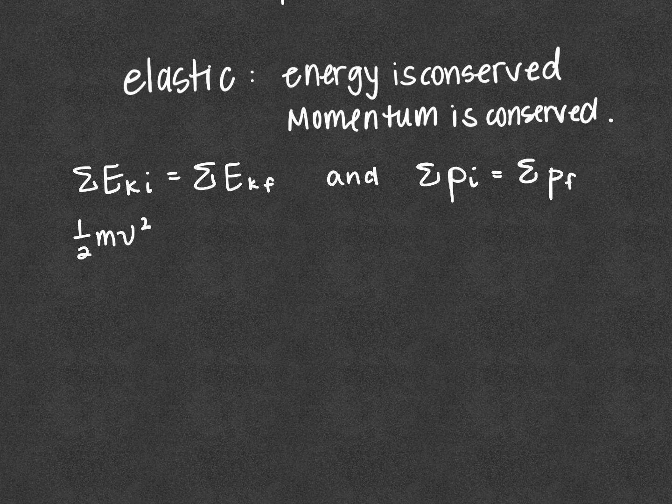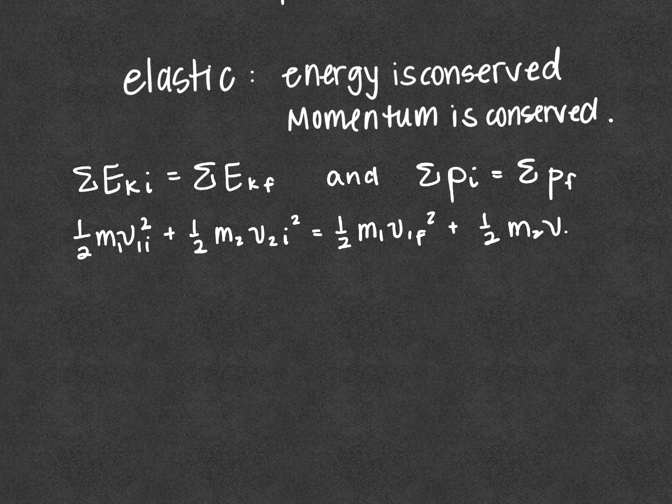Now, that can be a pretty long equation where you'd have 1/2 m1 v1 initial squared plus 1/2 m2 v2 initial squared is equal to 1/2 m1 v1 final squared plus 1/2 m2 v2 final squared.